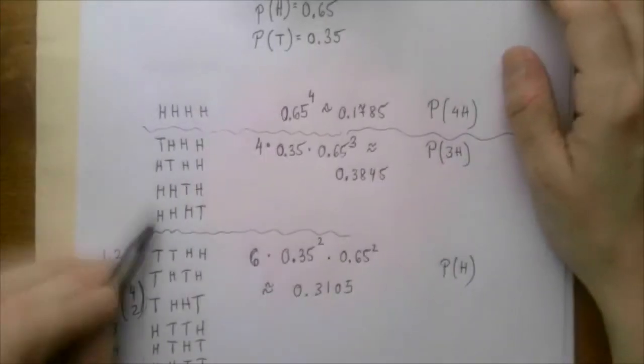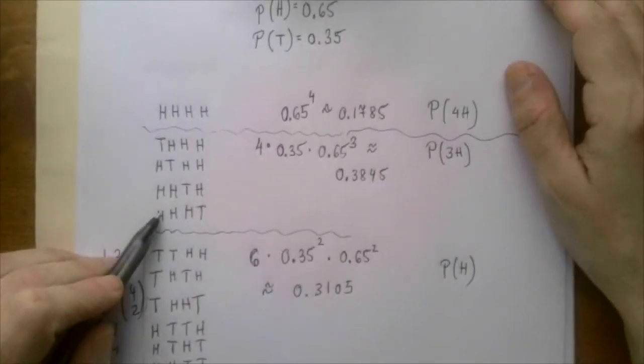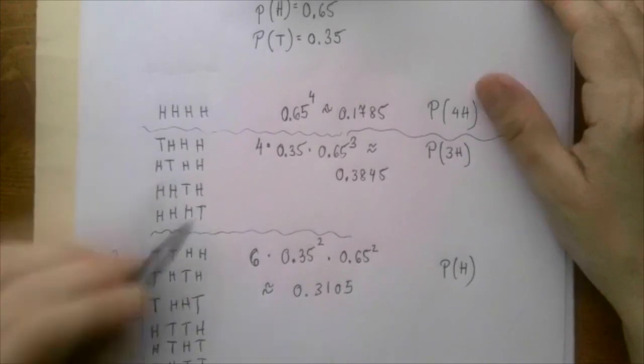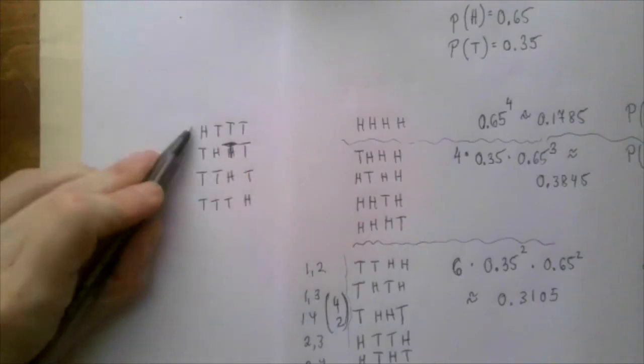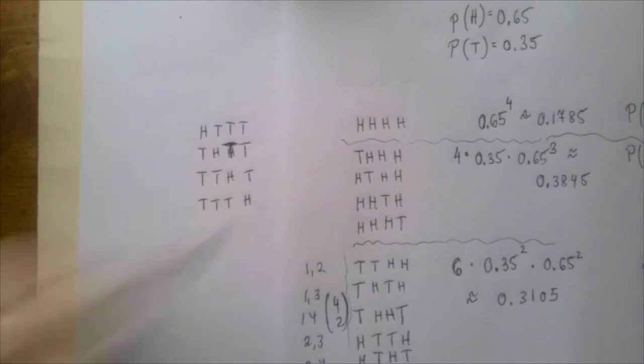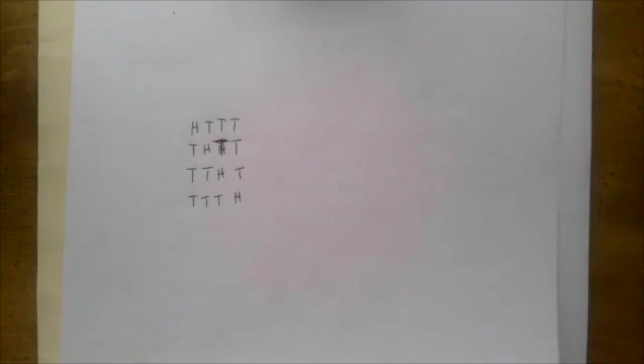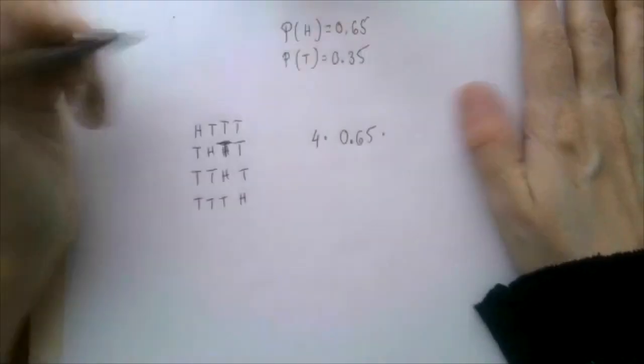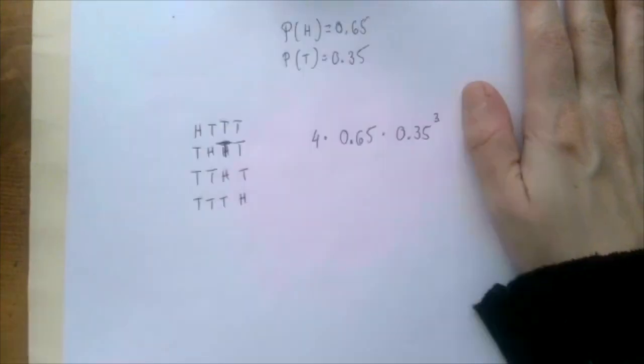If there were 4 ways to get 3 heads and 1 tail, there are going to be also 4 ways to get 3 tails and 1 head, right? The heads can be at the 1st, 2nd, 3rd, or the 4th place. So it's 4 choose 1. There are 4 such chains. The probability of heads is 0.65, and the probability of tails is 0.35, but that has to happen 3 times.